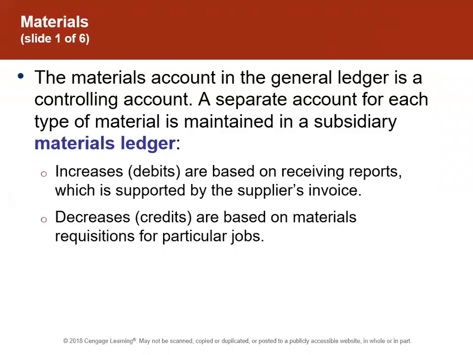And then as those job materials get put into specific jobs, we credit the materials account, which we looked at last chapter, and that's on that manufacturing cost flow. Okay, so it's a debit to work in process and a credit to materials for direct materials. Okay. So we keep track of all of our materials.